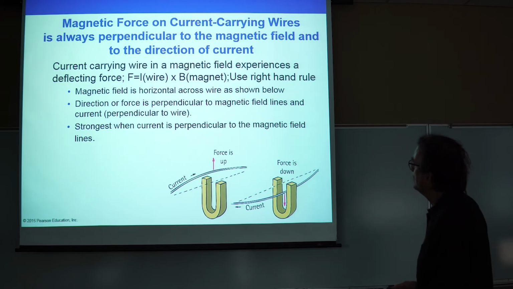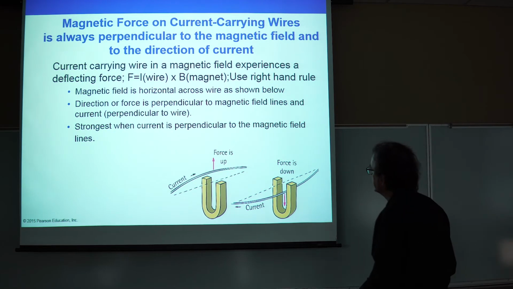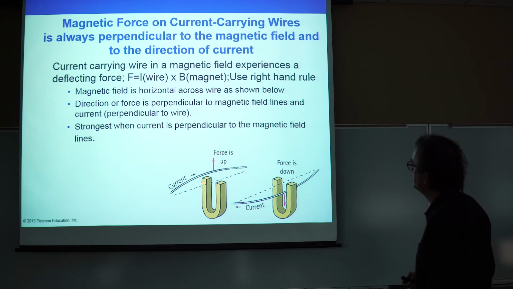Now, another way to describe this is by using what we call the vector cross rule. Basically, if this was a north pole on the right and a south pole on the left, and the field lines go from north to south, then the charges are moving with a velocity in the direction of the wire.